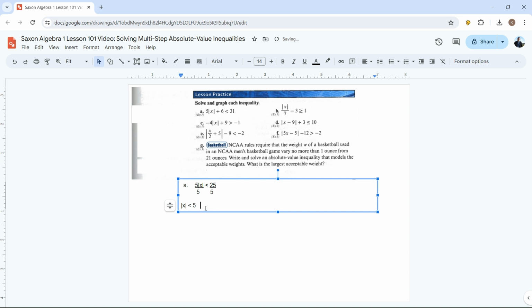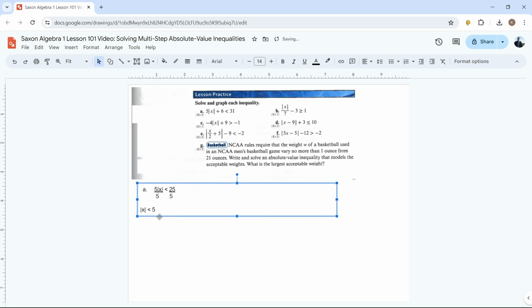I'm just going to go back to my absolute value inequalities method. And I remember that whenever I have a less than sign, that actually means and. Remember when we evaluated absolute value equations with an equal sign, it was x equals 5 or x equals negative 5.